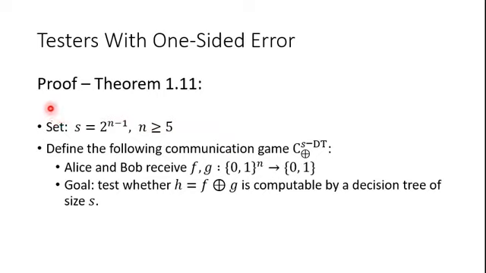So in order to prove the theorem, we will set s to be equal to 2 to the n minus 1 for some n larger or equal 5. And we will define the following communication game with this notation, which says that Alice and Bob receive f and g from {0,1}^n to {0,1}. And the goal in this communication game is to test whether h, which is the XOR of f and g, is computable by a decision tree of size s.